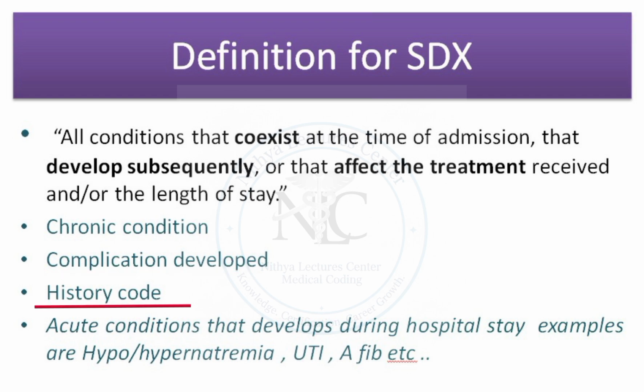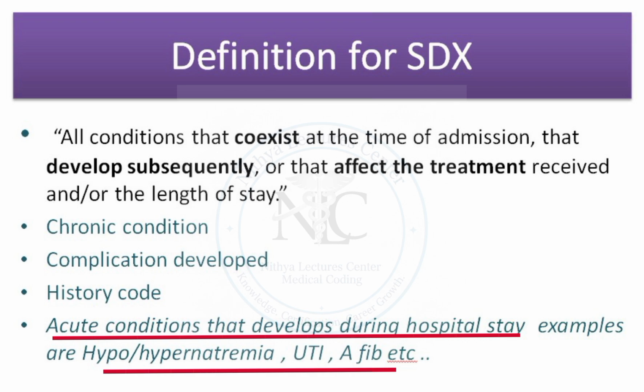And then history codes, in the sense of past medical history, surgical history, family history, allergy codes, and SDOH codes, and acute conditions that develop during the hospital stay. For example, hyponatremia, hypernatremia, UTI, and AFib. These are conditions that may develop during the hospital stay, maybe after admission or at the time of admission. So this also we need to report.